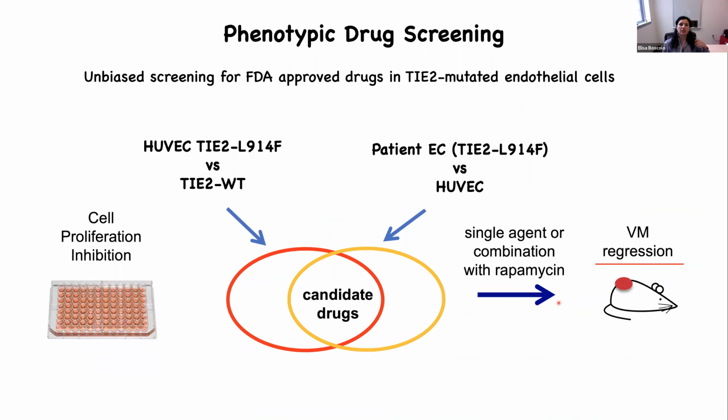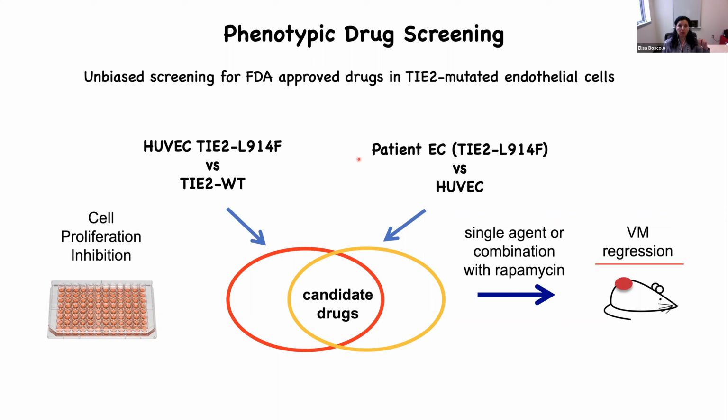We started an unbiased phenotypic drug screening to look for drugs already FDA approved for other indications. We tested the efficacy of a panel of these drugs to inhibit cell proliferation.